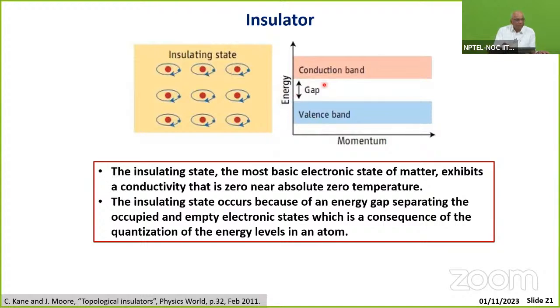The band structure, schematically shown here as energy versus momentum, is just to show that there is a gap between the conduction band and the valence band. So the insulating state, which is the most basic electronic state of matter, exhibits a conductivity that is zero near absolute zero temperature, because the insulating state occurs because there is a gap separating the filled valence band and the empty conduction band.